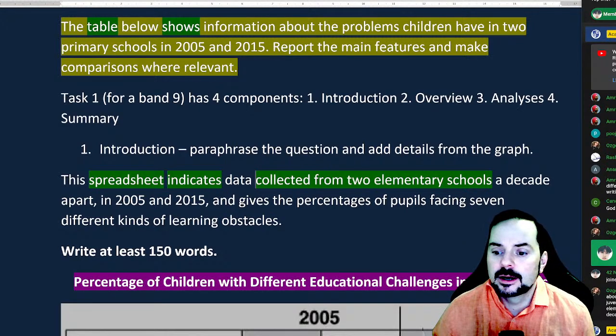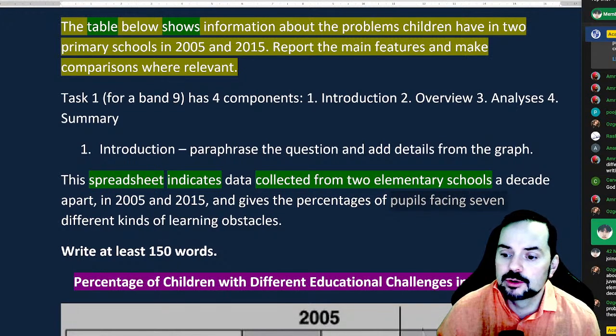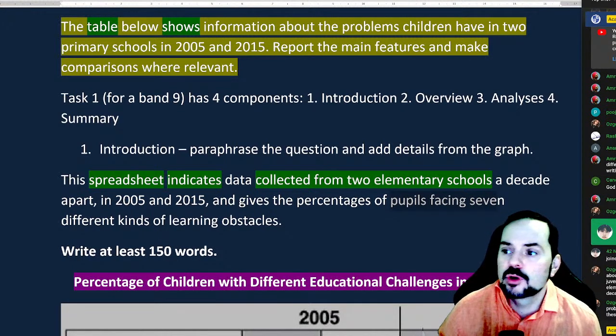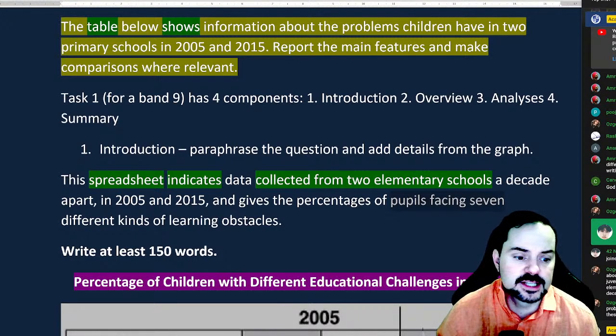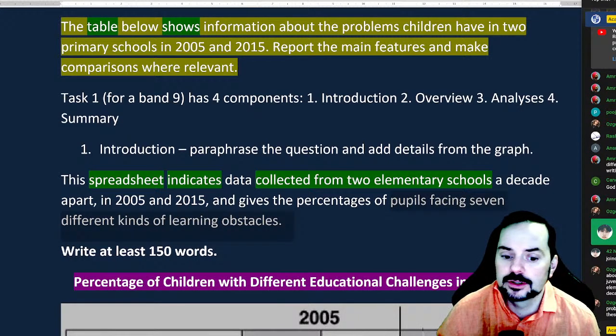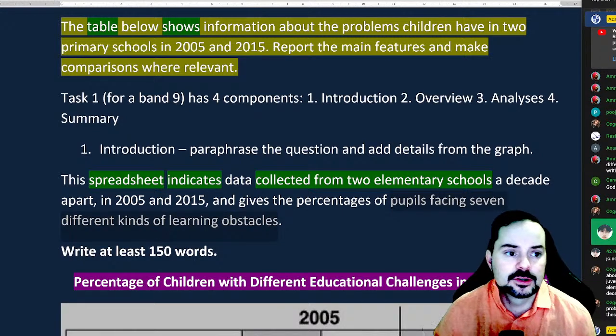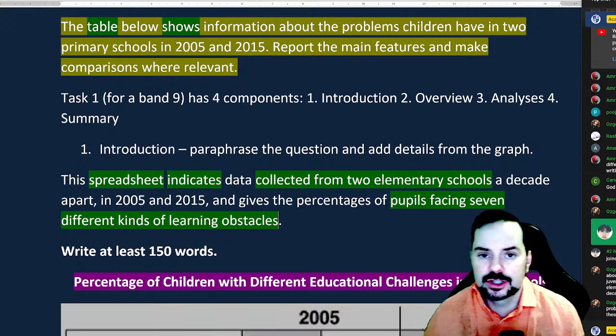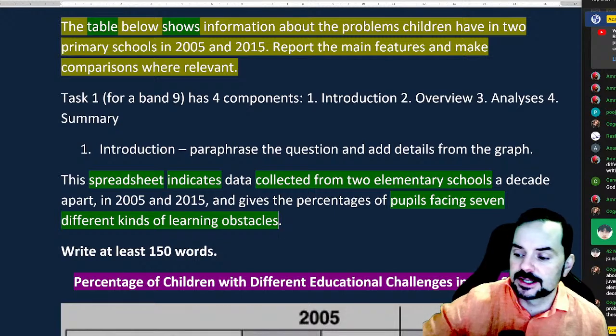And then instead of students, it's pupils. Pupils is another way to say students. And then instead of saying just problems, pupils facing 7 different kinds of learning obstacles. Okay, obstacles are problems or challenges that they're facing, right?